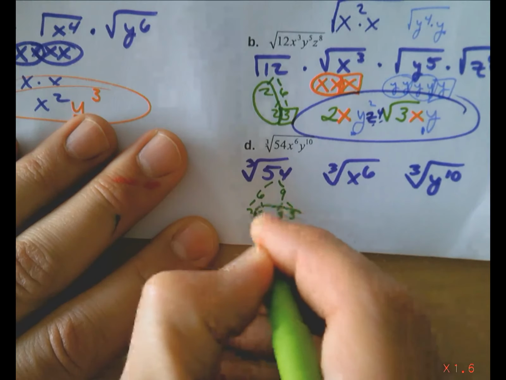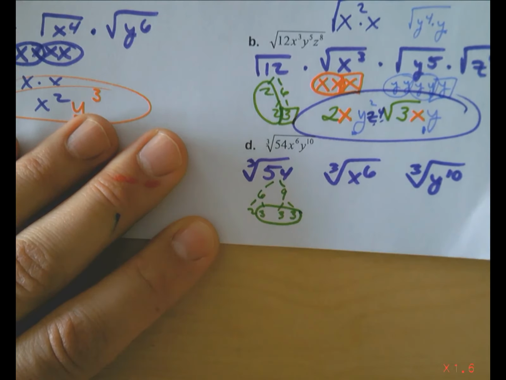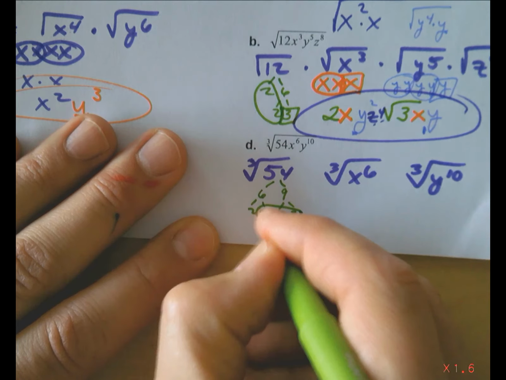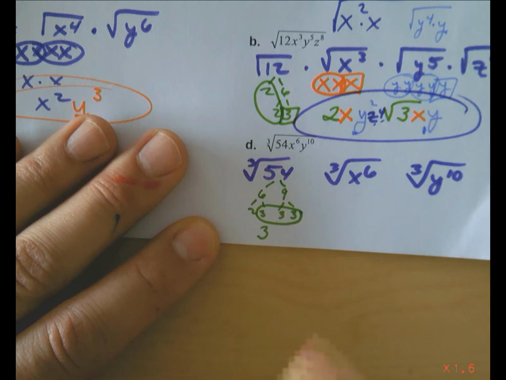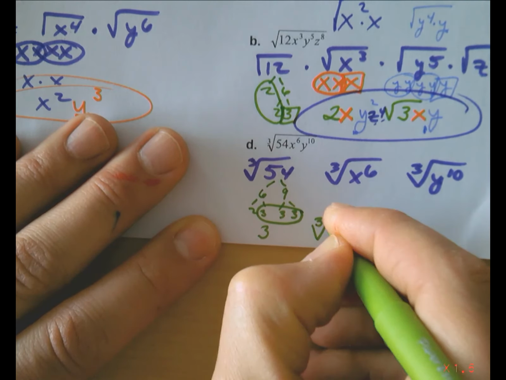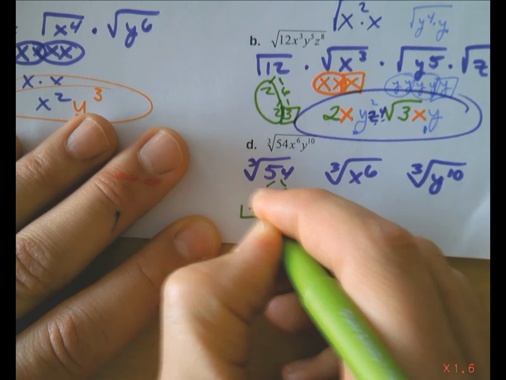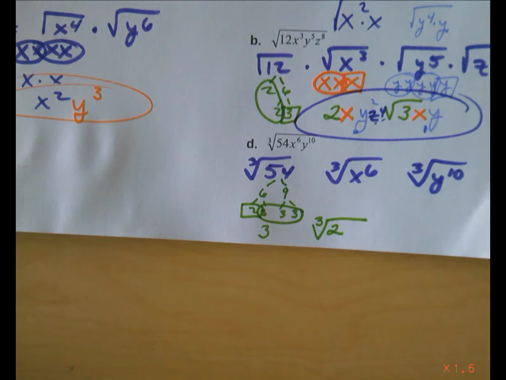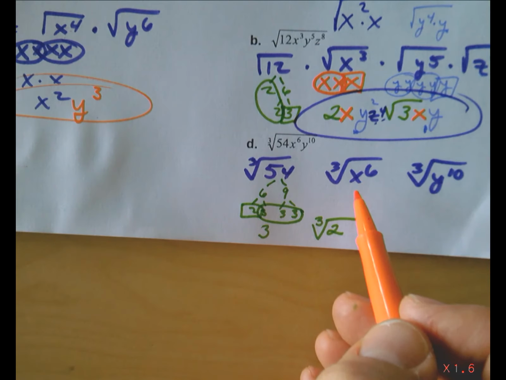All right. You got it. I got 3 3s there. 3 3s. So I write those guys one time. And then on the inside of this cube root, I've got, oh, this little 2 is left on the inside. All right. Any questions on that?